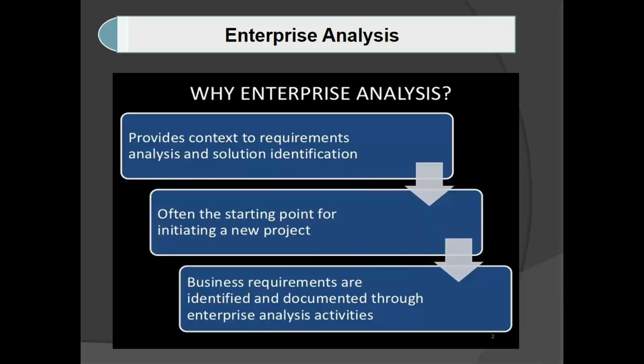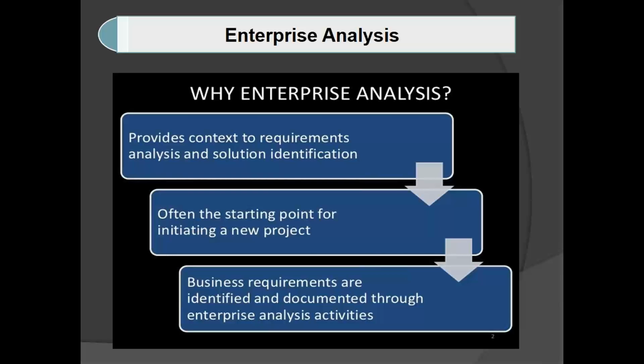So I'm going to explain some techniques. Now don't assume that all the companies are going to follow any one of these techniques, but nearly 95% of the companies are going to use one of these enterprise analysis techniques. And there are some companies which are going to use their own enterprise analysis techniques.